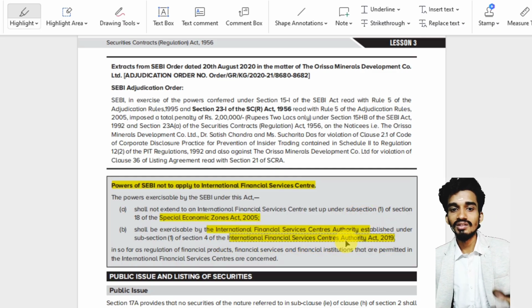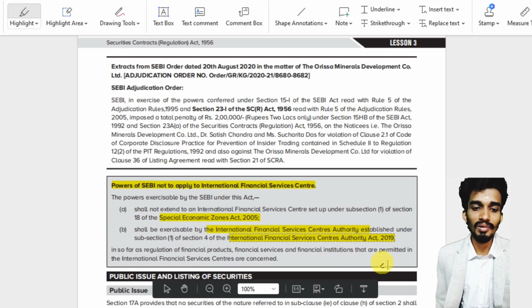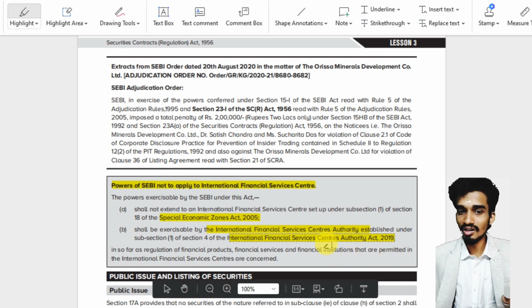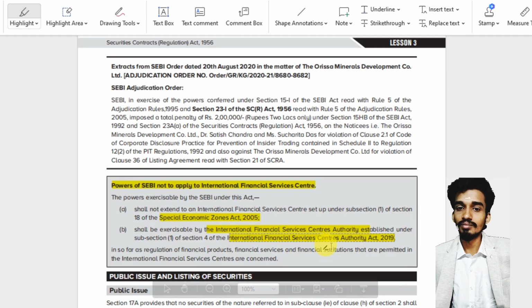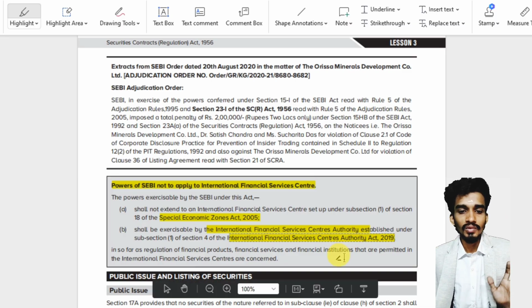All the rules in the IFSC Act would apply for the IFSC zone, not the normal rules and regulations. They have their separate authority, separate rules, separate inquiry process and separate adjudicating authority. It is all separate from our territory.